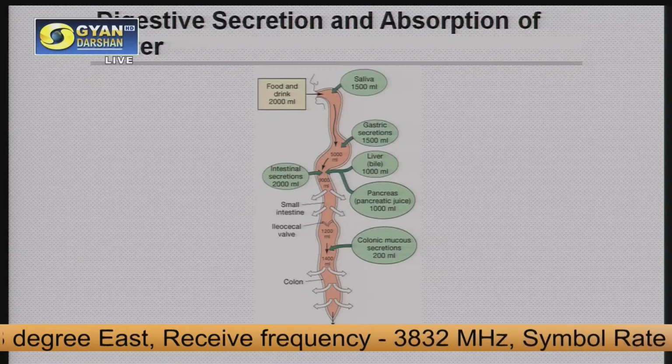So now, what I want to tell you from this is that when we speak about the digestive system, this particular process is a very complicated process. We think daily we are eating food, daily we are getting energy, so this process is automatically going on.